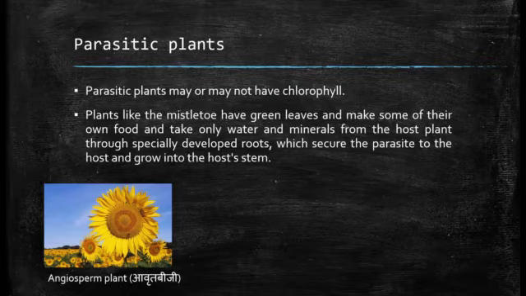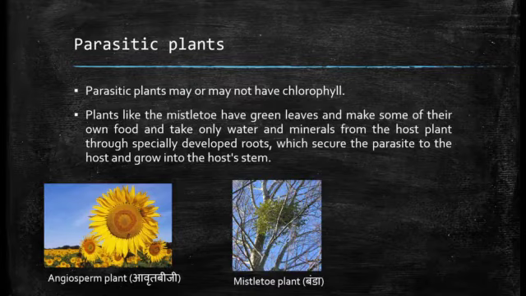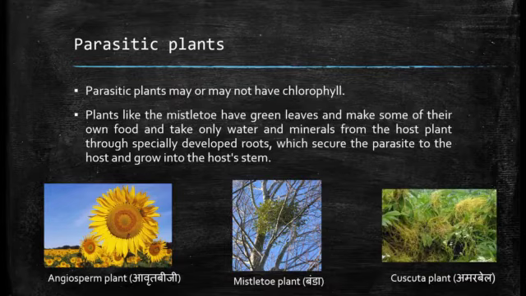In Hindi it is known as avrat biji. The next parasitic plant is the mistletoe plant, which is known as banda in Hindi. The third parasitic plant in our list is the cuscuta plant, which is known as amarbel in Hindi.